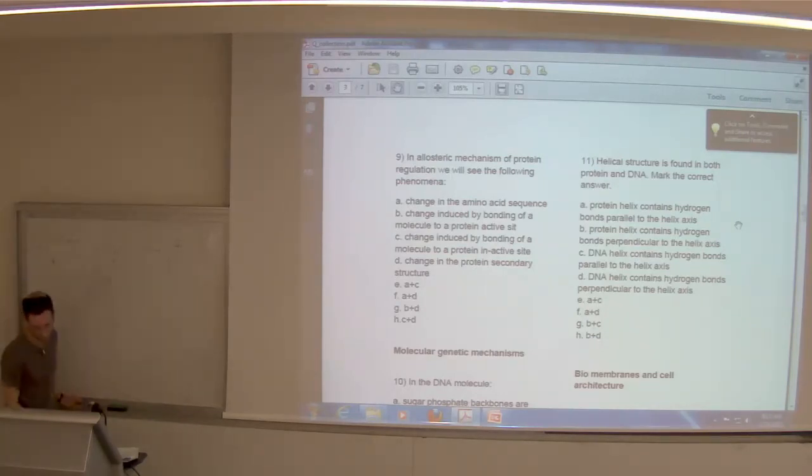Okay. So A is correct, and also the DNA helix contains hydrogen bonds perpendicular to the helix axis. So that's F, A and D.